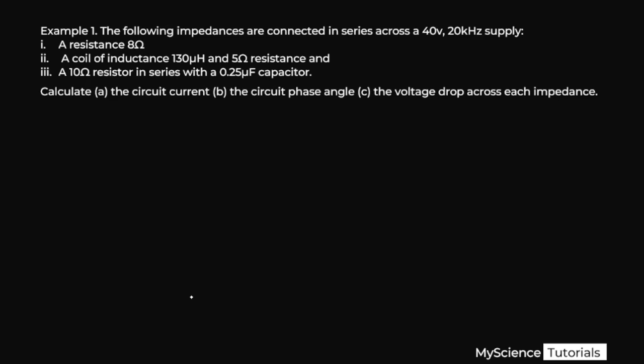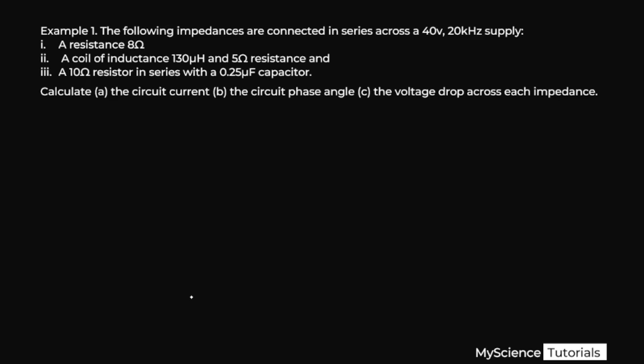We have a resistor of 8 ohms, a coil of inductance 130 microhenry and 5 ohm resistance, and another coil with a 10 ohm resistor in series with a capacitor of 0.25 microfarad. We have to calculate the circuit current, the circuit phase angle, and then the voltage drop across each impedance.